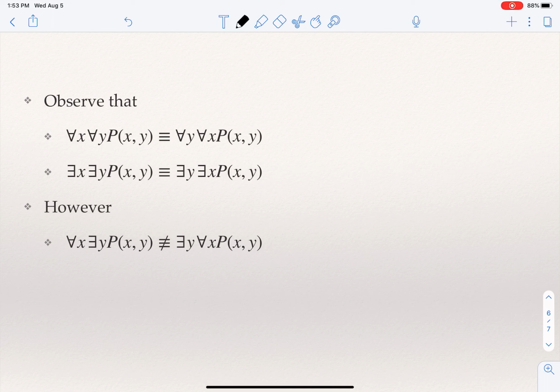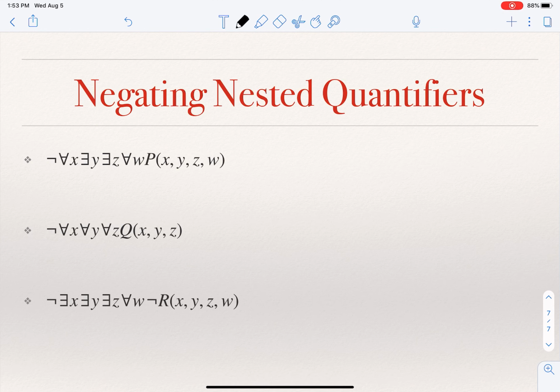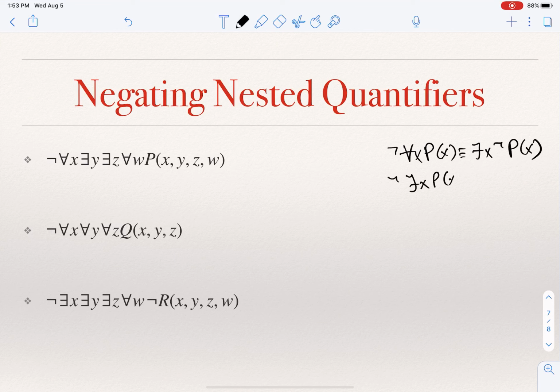The last word I want to say here is about negating nested quantifiers. So what happens when I have negation of multiple quantifiers? Remember that I talked about De Morgan's laws for quantifiers. We said that the negation of for all x, p of x, is equivalent to there exists an x such that not p of x, and not there exists x, p of x, is equivalent to for all x, not p of x.